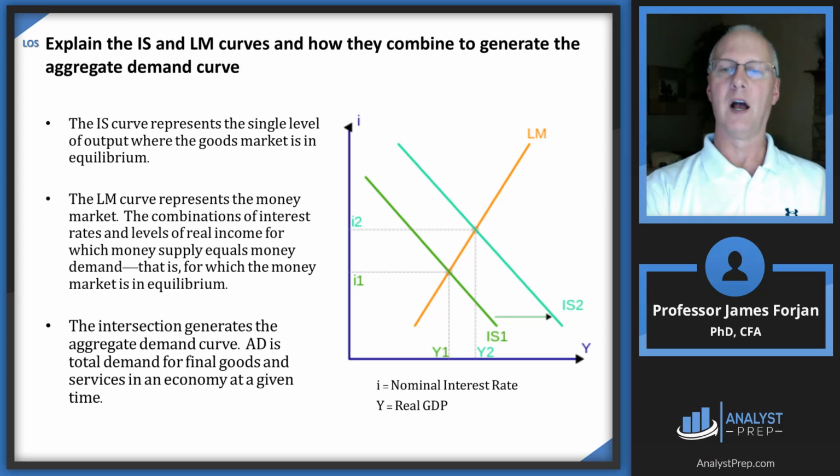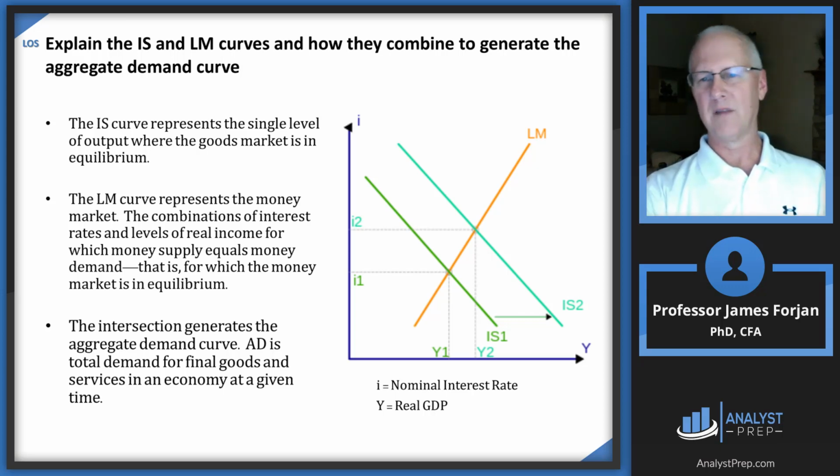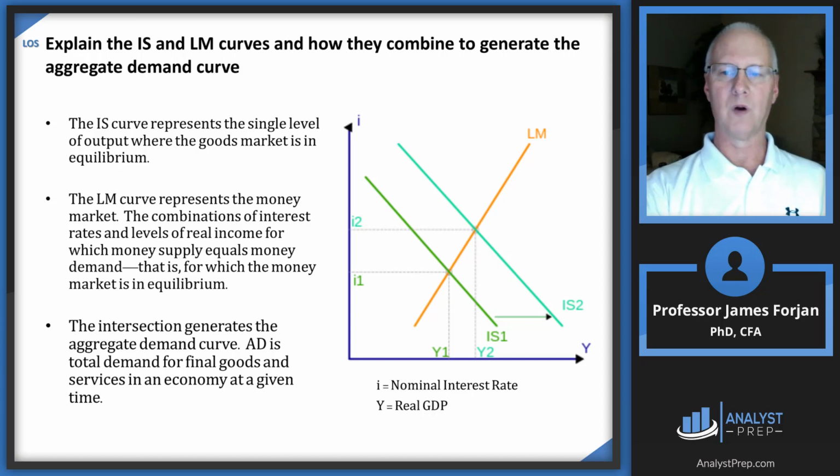at any given time. And notice there's a lighter green. Is that maybe some blue in it? From IS1 all the way out to IS2, there's an outward shift in the IS curve. And this can occur for a variety of reasons that's going to affect aggregate demand. Maybe consumers have different preferences.